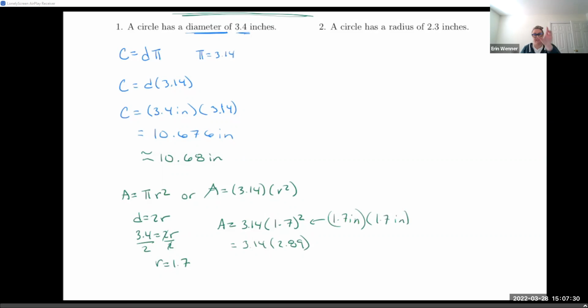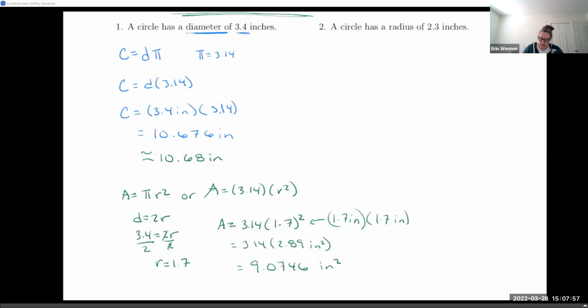So when I multiply inches times inches, I end up with inches squared. Now when I'm multiplying 2.89 times 3.14, I get 9.0746 inches squared, or square inches. Again, we have to use that unit of measure because we're talking about area. Area is always in squared units.